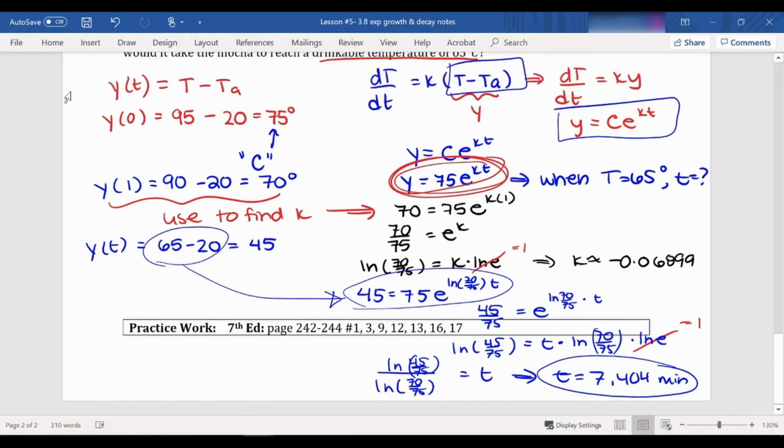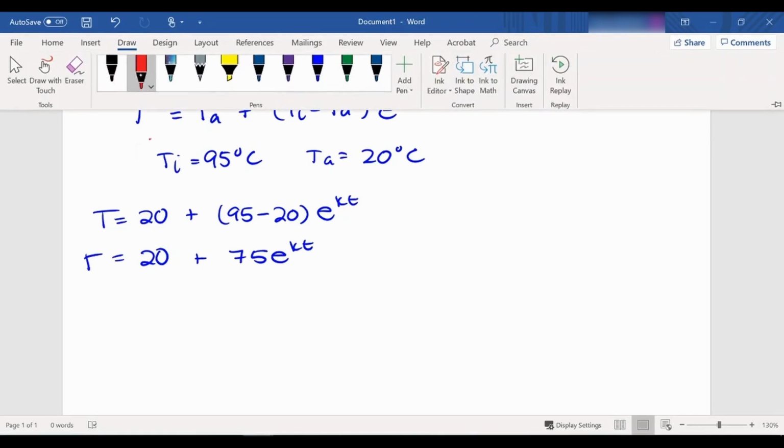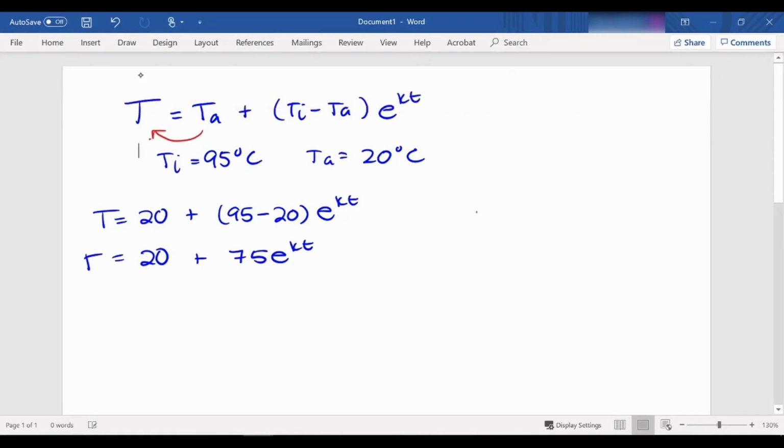And you'll notice that if I were to rearrange this equation, I can move this TA over here, and I would end up with T minus TA equals TI minus TA e to the kt, or T minus TA equals 75 e to the kt.